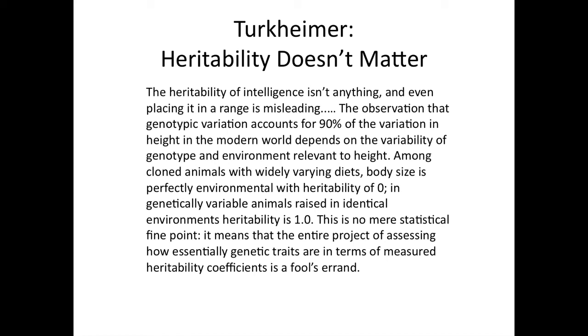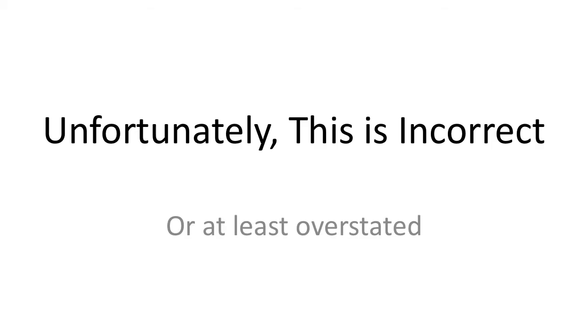It means that the entire project of assessing how essentially genetic traits are in terms of measured heritability coefficients is a fool's errand. So I stated that quite strongly, but I just want to start my talk off with the idea that it's not true. And it's not true in an important sense that is really the idea that I want to explore in this talk today.